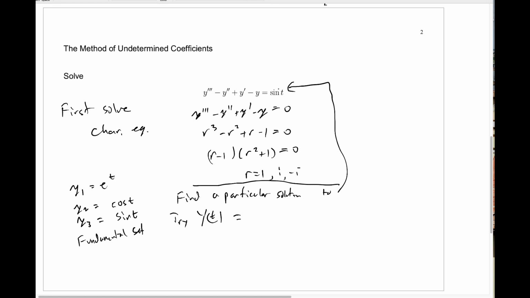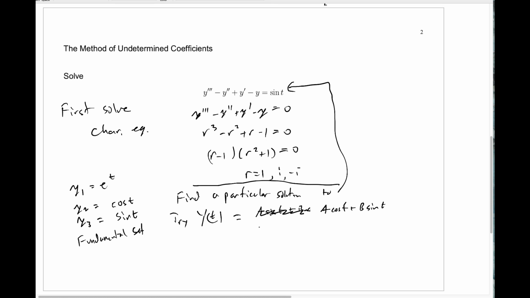In general, guessing a multiple of sine t won't quite work because we'll get cosine t's for the first and the third derivatives. So the general thing we would start by trying to guess is a sine t plus b cosine t, or let me actually write it in the form that I'm used to, a cosine t plus b sine t. It doesn't matter which way you write that, of course.